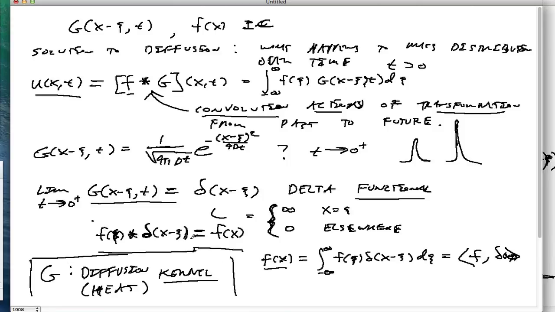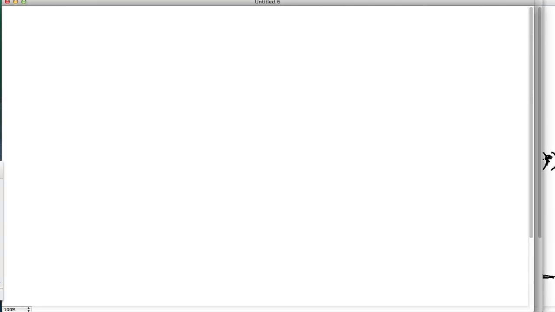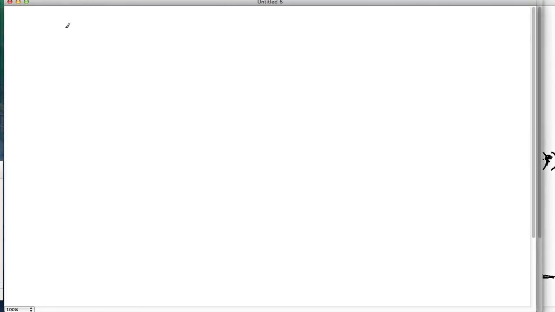So that's a really nice idea. Now let's do some little experiments on what exactly the diffusion kernel does. Now that we have the idea of a delta functional, I'm going to do a little thought experiment.